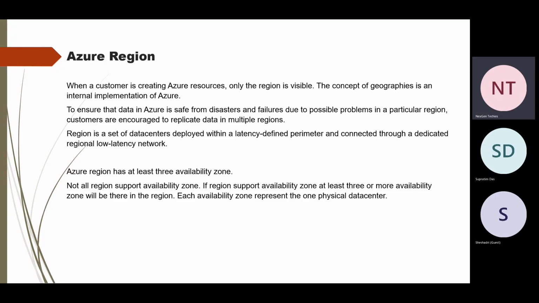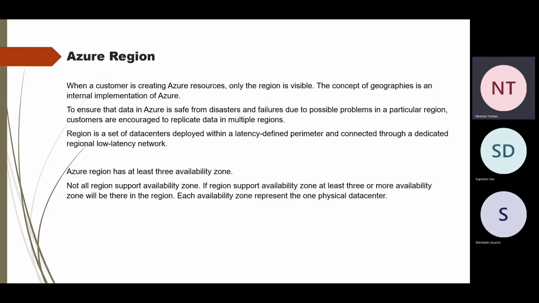To ensure that data in Azure is safe from disaster and failure due to a possible problem in a particular region, customers are encouraged to replicate data into multiple regions. Within the geographic, we have multiple regions. If the customer wants a disaster recovery site, then the customer has to replicate their data into multiple regions, at least more than one.